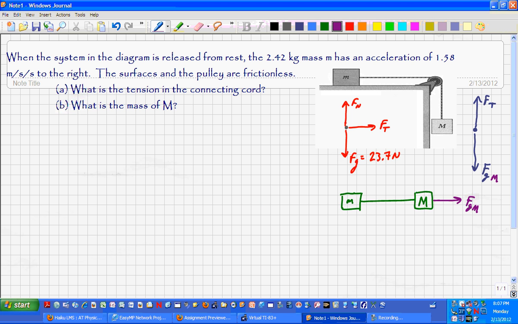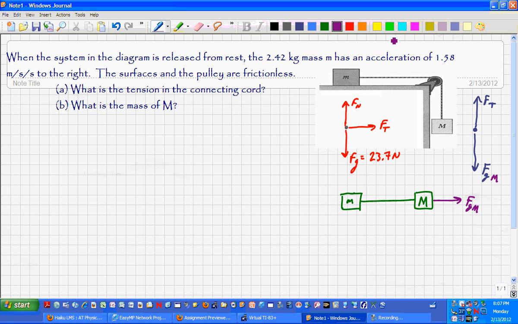All right, so let's see what we've got here. The next thing we do is we'd rotate it if we had it on a ramp. We don't. After that, we would evaluate the motion.